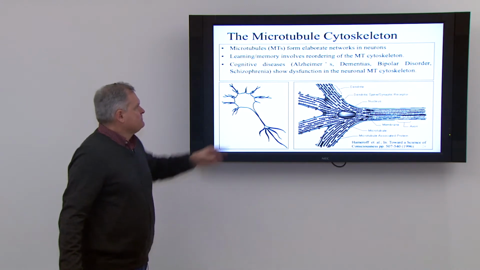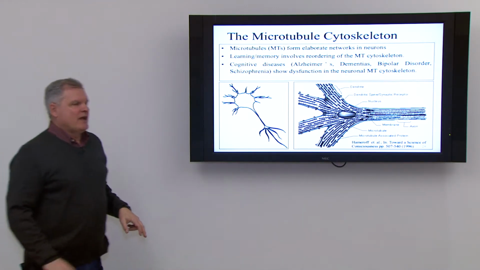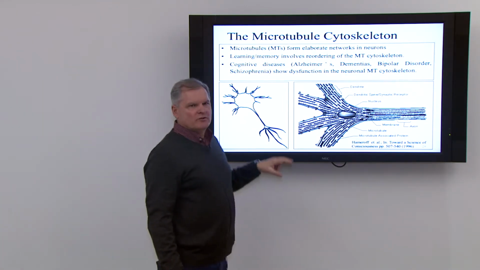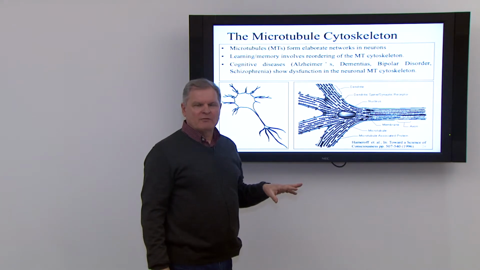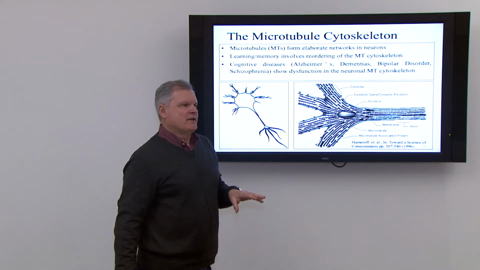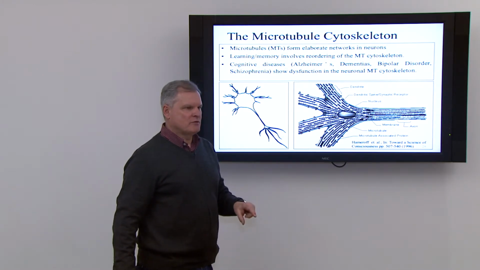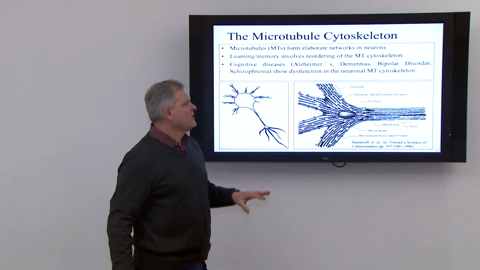And almost everything to do with our cognition, an impairment of cognitive function, has to do with microtubules. There's almost no exception. Every neurodegenerative disease is rooted in problems with the cytoskeleton, with motor proteins, most importantly microtubules.